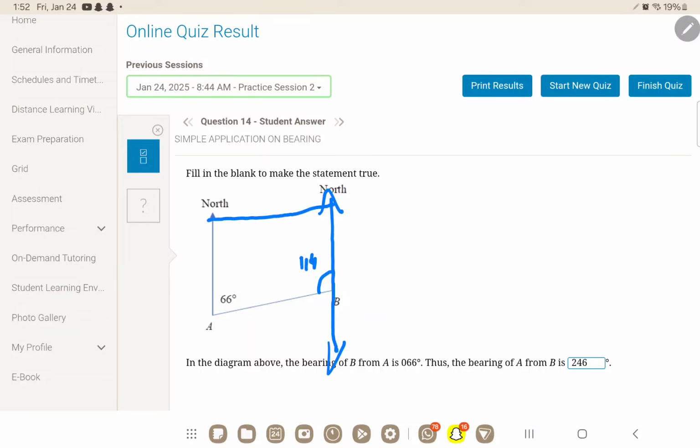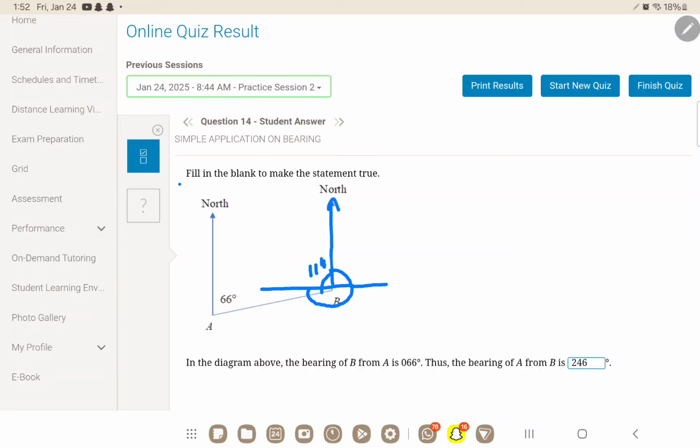Okay? Now, they want the bearing of A from B. If this here is our 270 line, they want this angle right over here. But by the way, my sketch isn't that accurate, so let me make it more accurate. They want A from B, so they want this angle over here. Now, this angle here is 114.